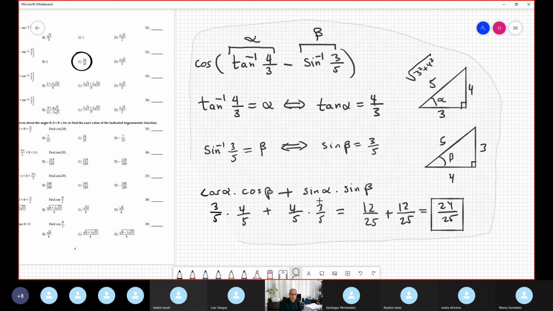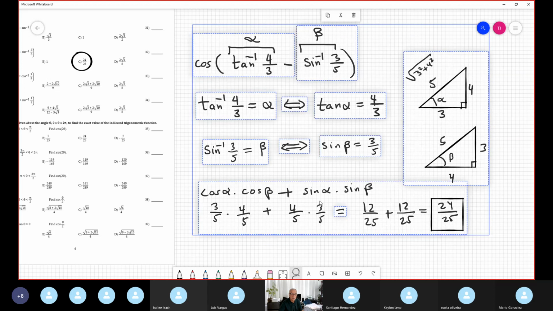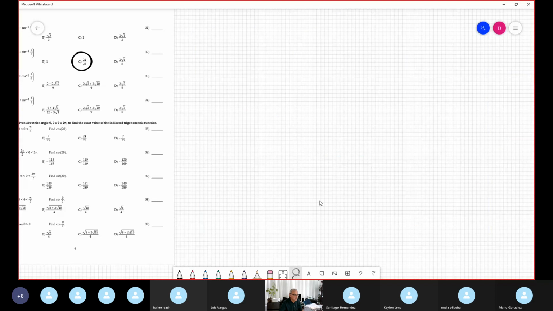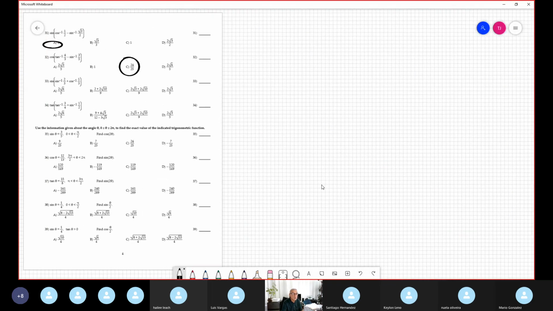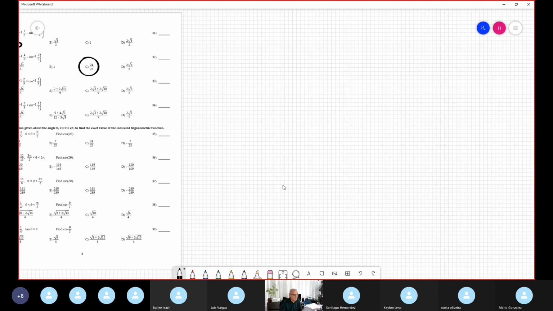Okay, go back to the next case. Let me see the page. Okay, 33. Sine, parenthesis, sine inverse of 2/3. If you want to put a parenthesis here, it's more proper, more clear.